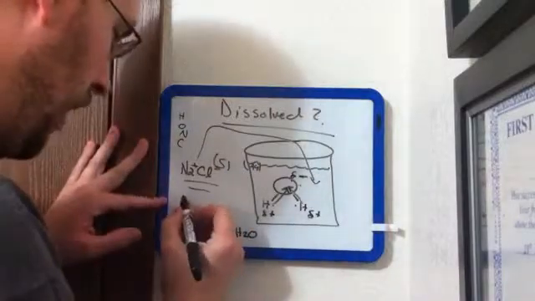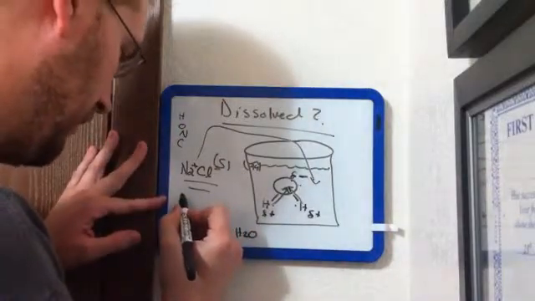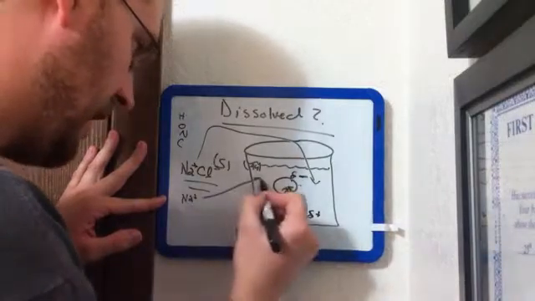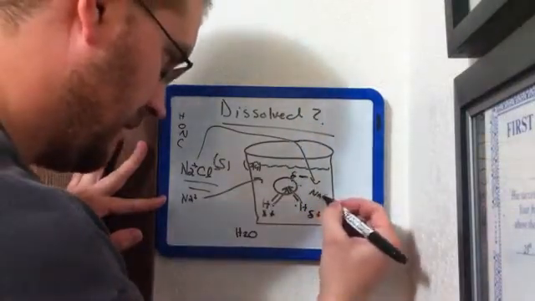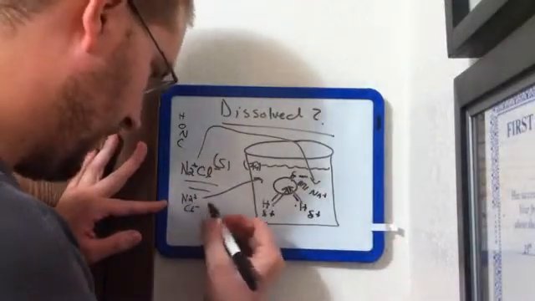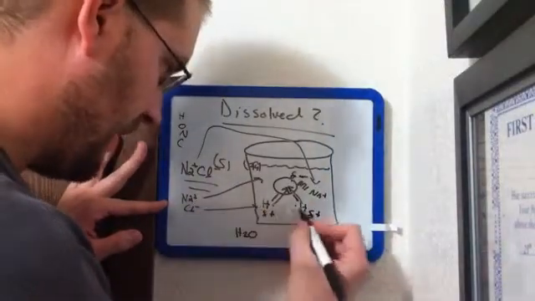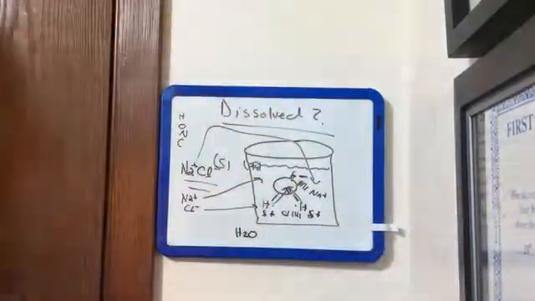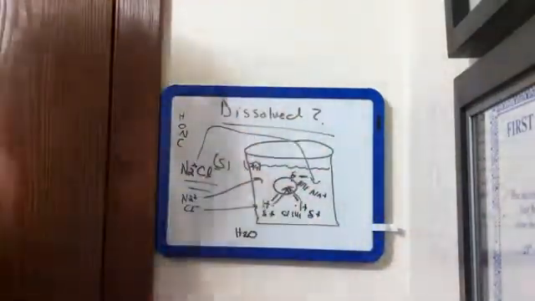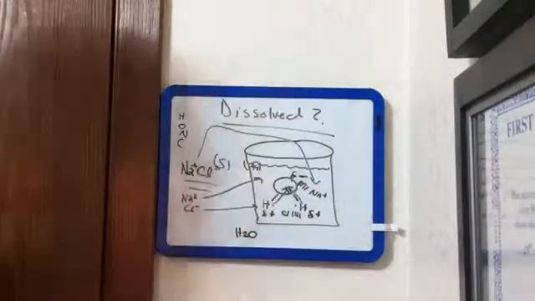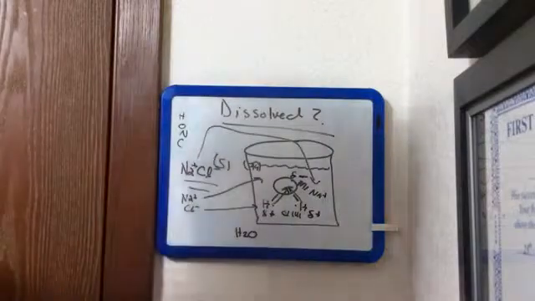This ionic bond will be pulled apart, and the sodium will be attracted to the oxygen here. So here's my sodium. It's attracted to the oxygen, whereas the chlorine is going to be attracted to the hydrogen. I'll have the chlorine here. So I pull that molecule apart, and that's actually how stuff dissolves in water, through the electrical interaction, because water is a polar molecule.